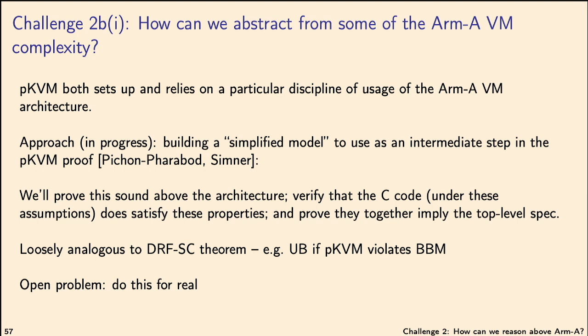We can build into this model that the hypervisor is not allowed to violate break-before-make, for example, and just not give semantics in that case, and thereby make that a proof obligation on the higher-level verification. And hypothetically, we can prove that sound above the architecture, and then that gives us a basis for reasoning sequentially about the bulk of the C code. Open problem? Well, actually do it.